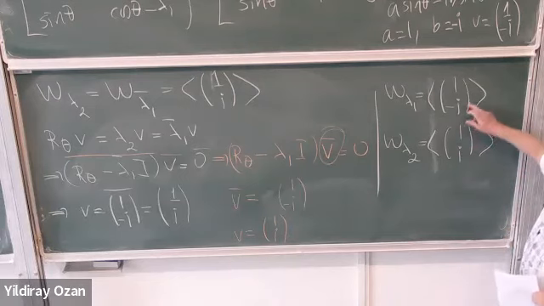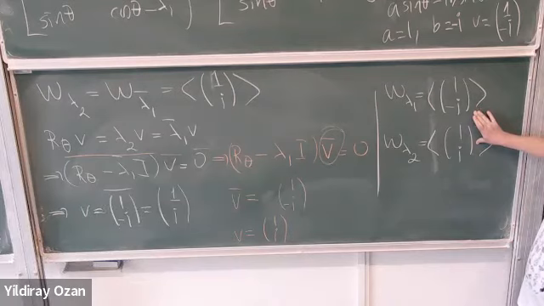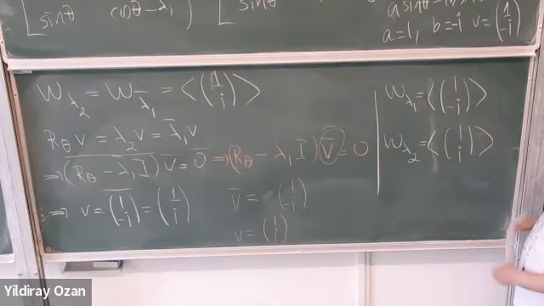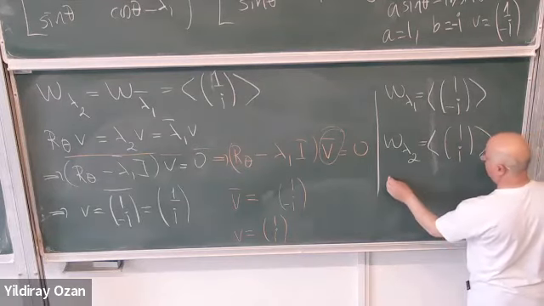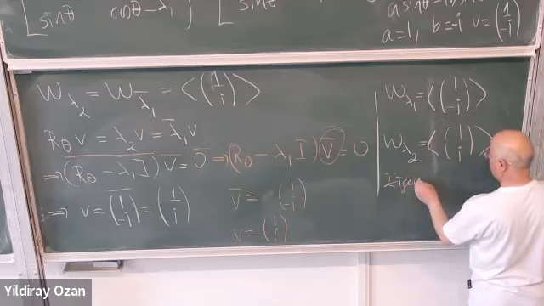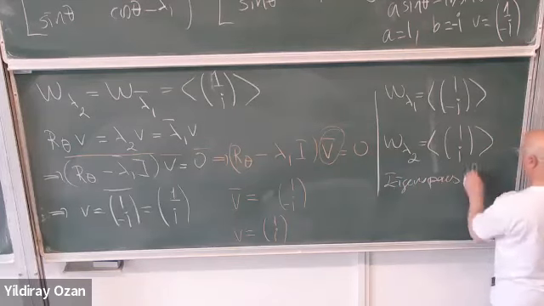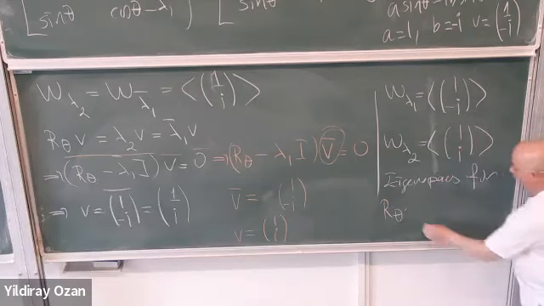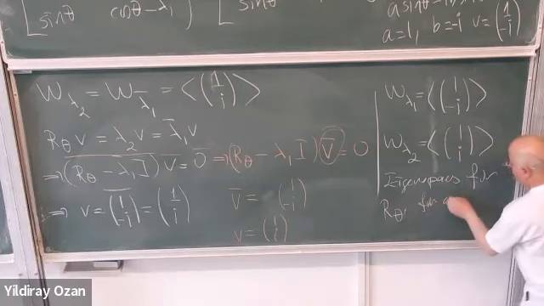But you see that these are independent of theta, right? There is no theta here. So they work for all theta. So these are eigenspaces for R theta, for any theta.